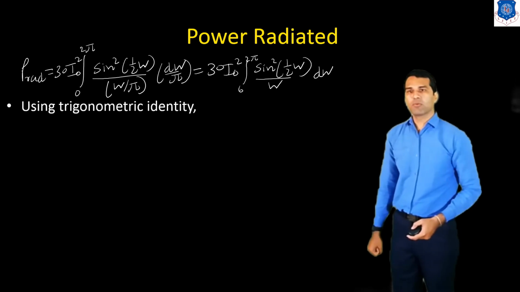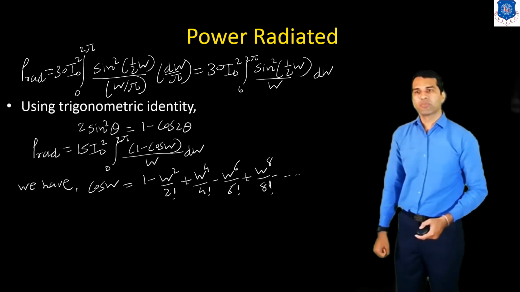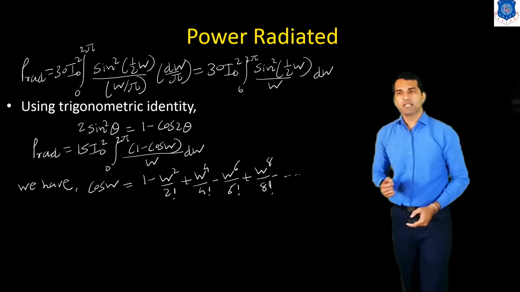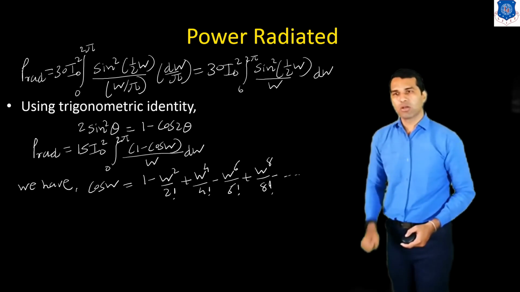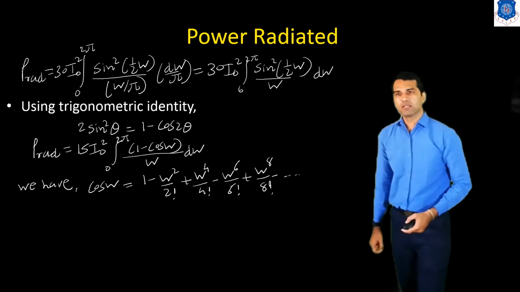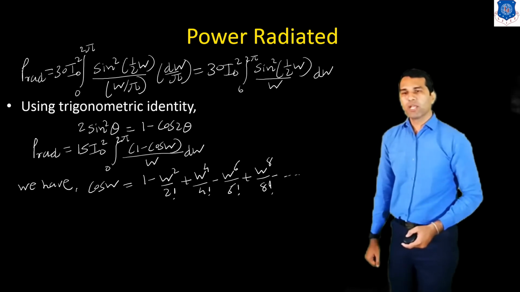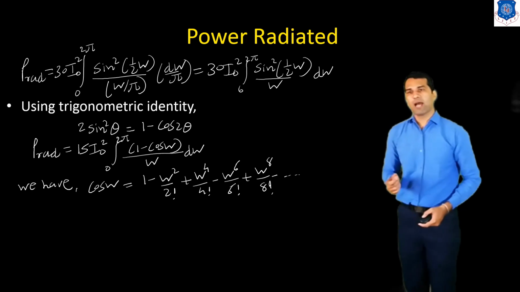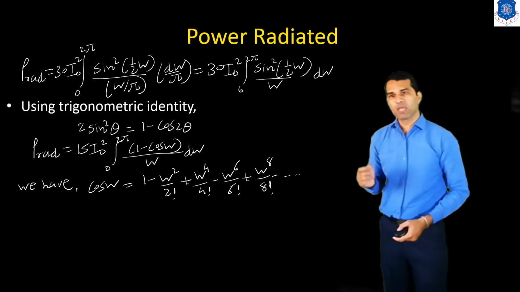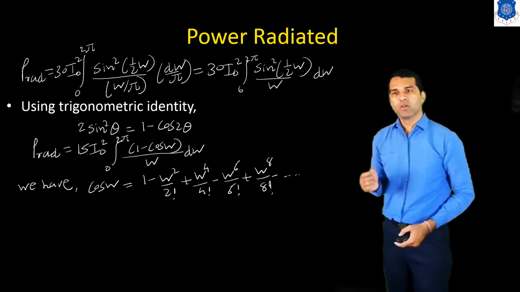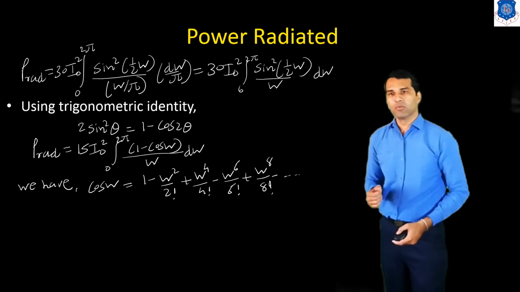Using the trigonometric identity, 2 sin square theta is equal to 1 minus cos 2 theta, we can write the power radiated is equal to 15 I0 square, integral from 0 to 2 pi, (1 minus cos w) upon w dw.